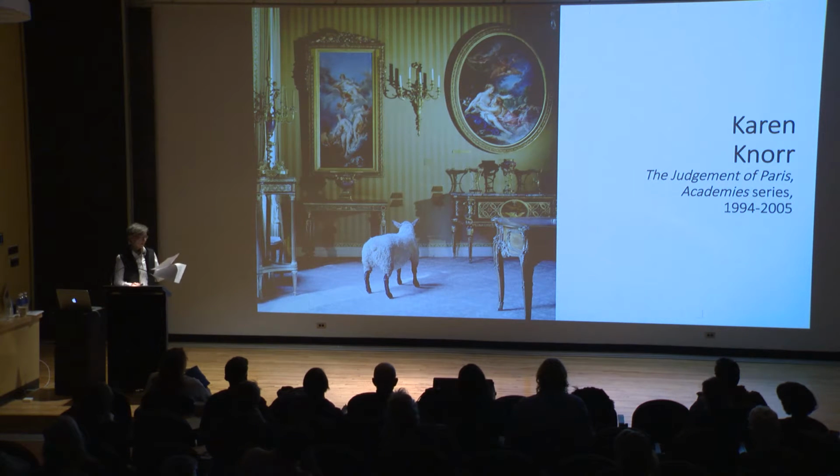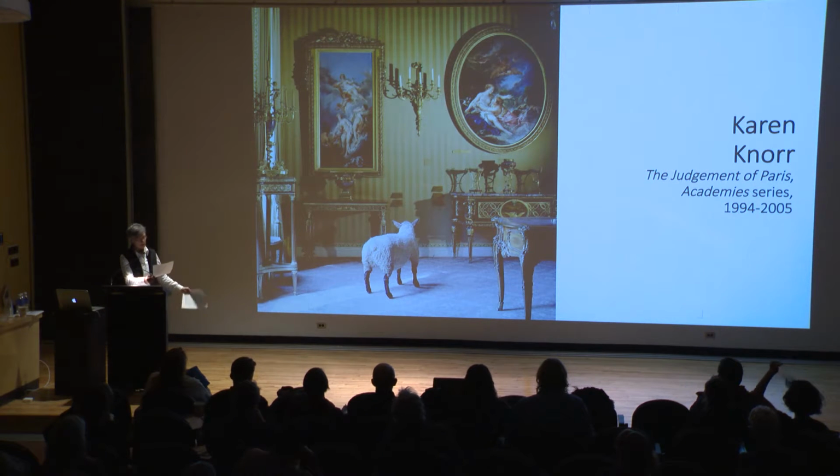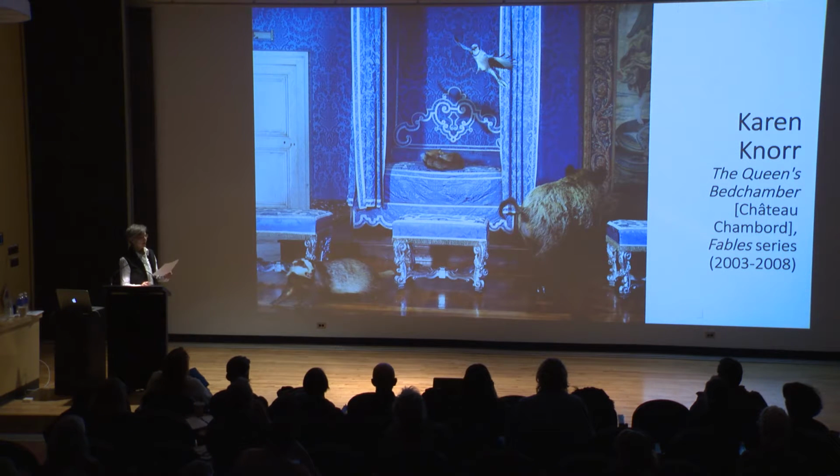Knorr playfully composes and titles the images in this series, for example, The Judgment of Paris, to question the critical gaze of European academies, ideological focal points of an intellectual and aesthetic tradition that then becomes ossified in museum displays. In such an environment, the uncanny liveliness of taxidermied animals intervenes in the Eurocentric narrative, creating transgressive dialogues with the art objects on display within these spaces.